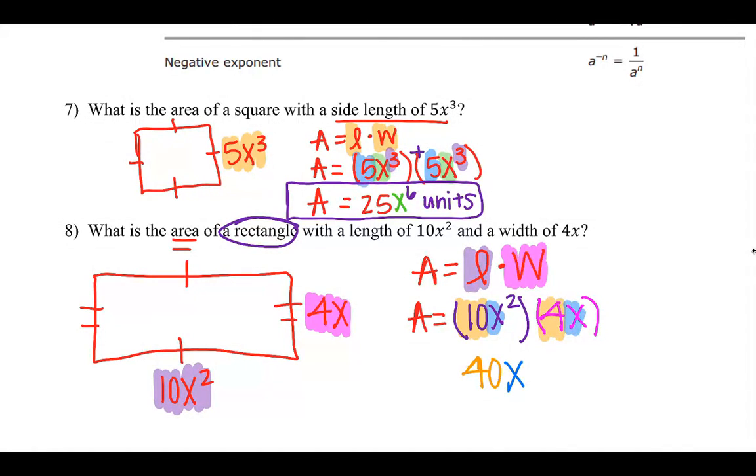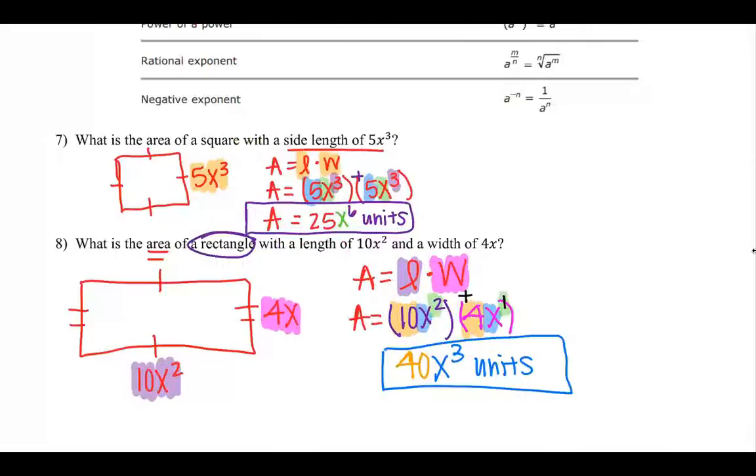Then I look at the power, the little baby number, the exponent. And in this case, I've got a 2, and I don't have a number. Again, if I don't have a number, what is it? 1. It's an implied 1. So I've got 2 plus 1 gives me 3. So the area would be 40x to the third power, or x cubed, units.